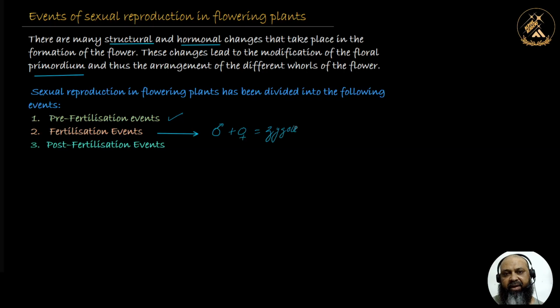So this event you can mark, and whatever is happening before it is known as the pre-fertilization event, and the rest of the things which happen afterwards are known as the post-fertilization event. All these events we will discuss.